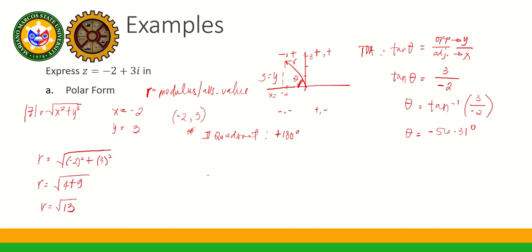Kapag naman sa third quadrant, you subtract 180 degrees. So since we get negative 56.31 degrees and we are in the second quadrant, we should add plus 180 degrees. So our new theta will be 123.69 degrees.